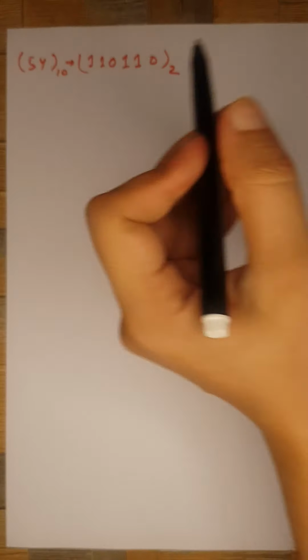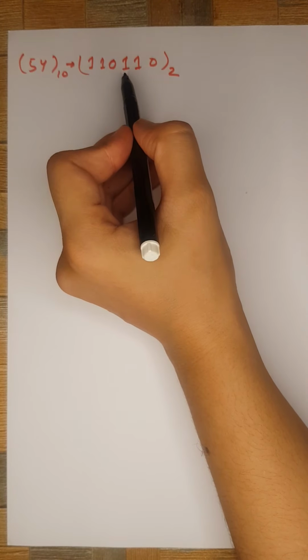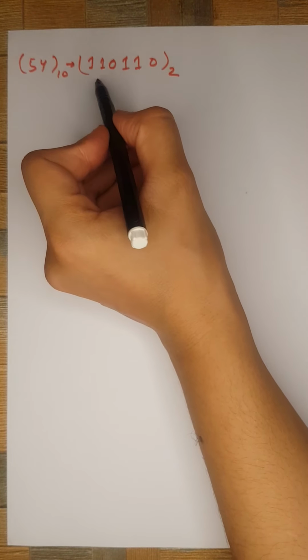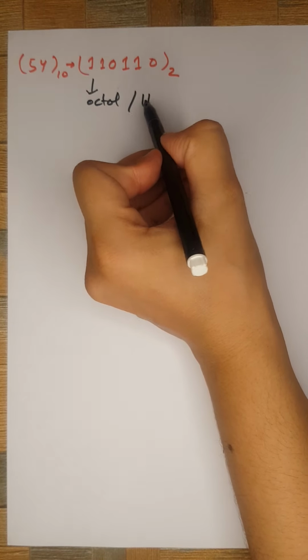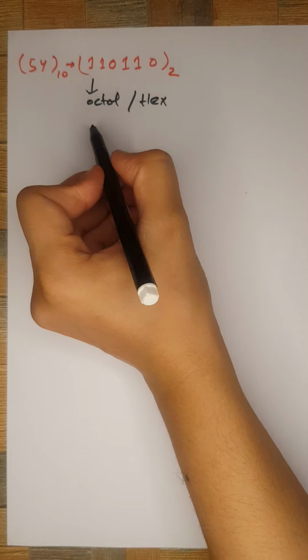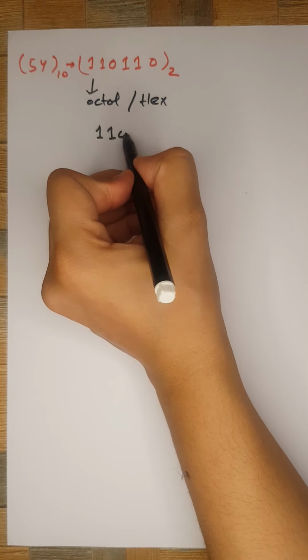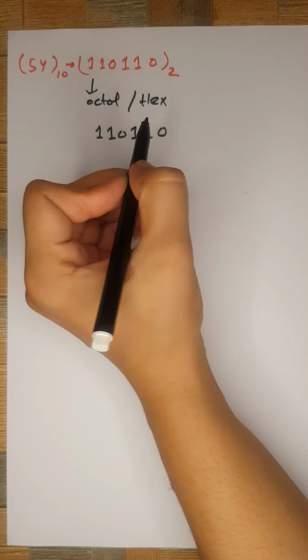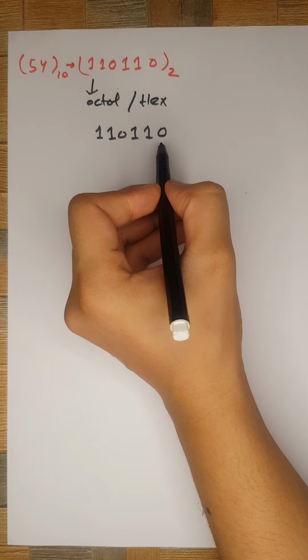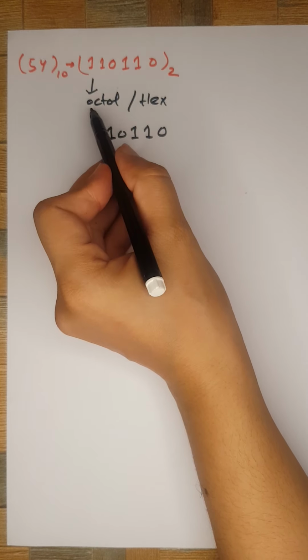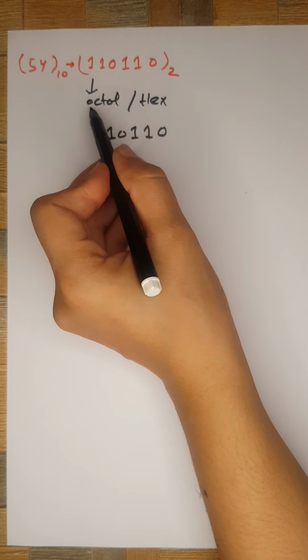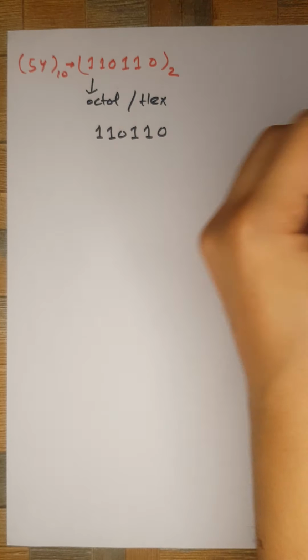If we have the binary equivalent form of a decimal number, we can directly convert it into octal or hex. Let's see how. For the given combination of bits, we will start from the rightmost side and combine 3 bits in case of octal.